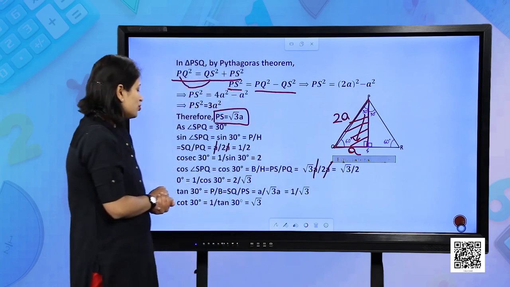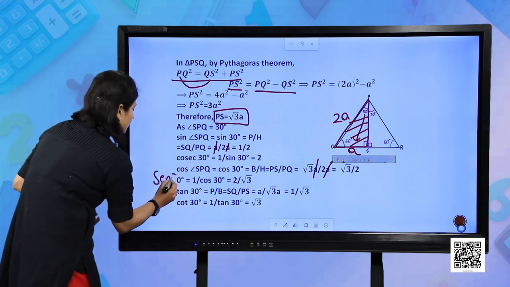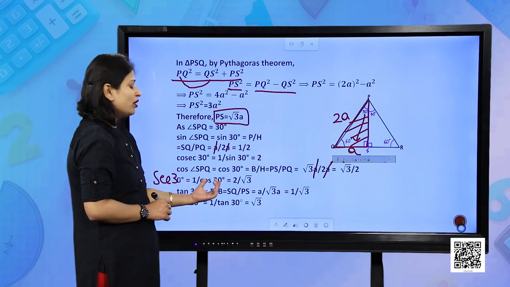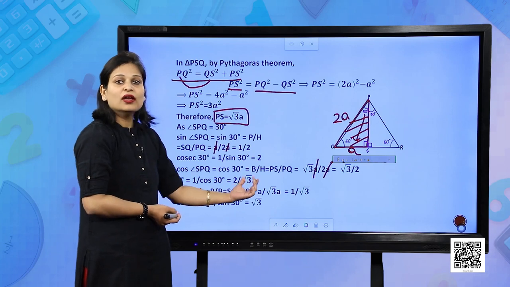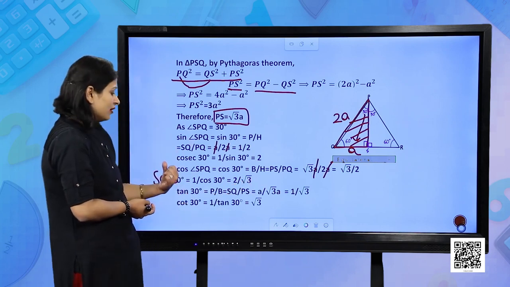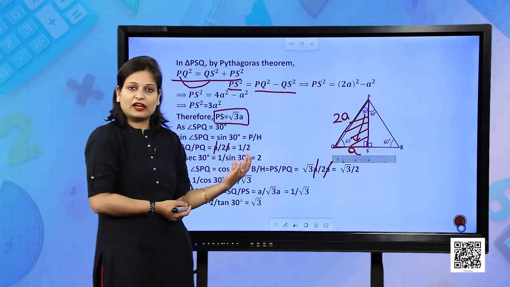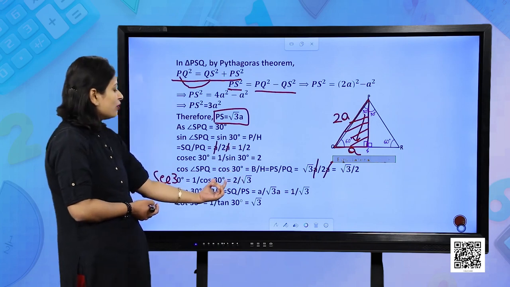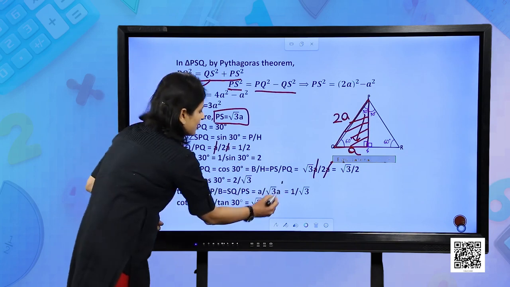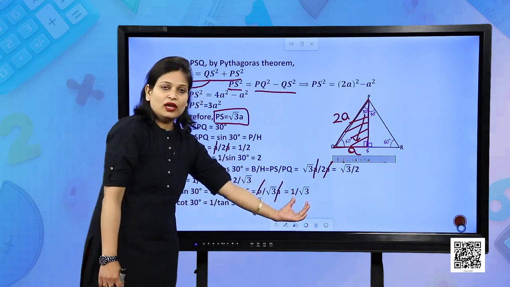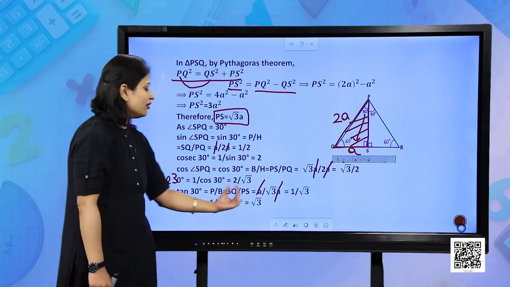Root 3 by 2. And secant of 30 degree, what will you get? 1 upon cos 30, just the reciprocal of cos function. You will get 2 by root 3. Now, what about tan 30? According to the definition of tan function, perpendicular upon base. Simply substitute SQ upon PS, A upon root 3A, cancel out A, you will get 1 by root 3, and cot function is just the reciprocal of tan function. So, you will get root 3.